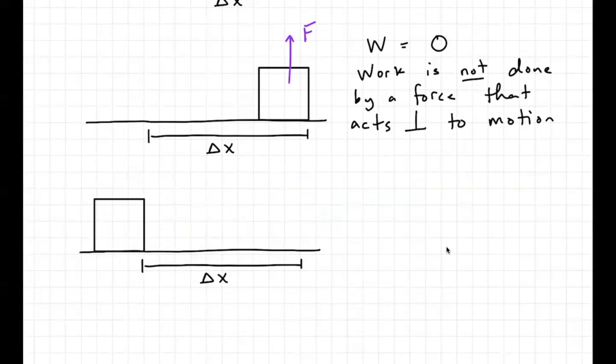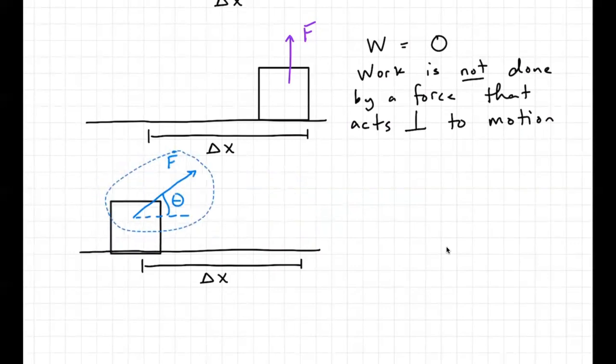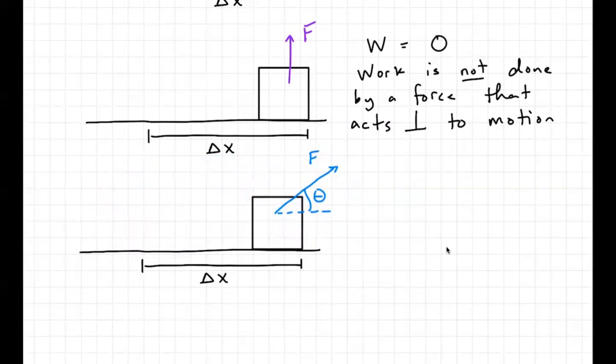If I have another force in a different color that I haven't tried yet, so if that force looks like this, and that force makes an angle, say theta with the horizontal, and I move my box through this displacement all the way over here, then in that process, the work that is done is equal to F cos theta times delta x, because the component of the force that acts in the direction of motion is F cos theta.